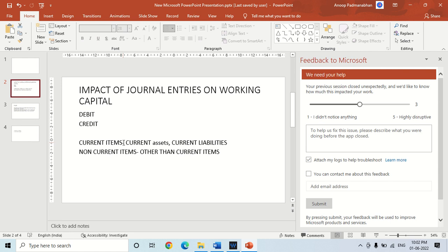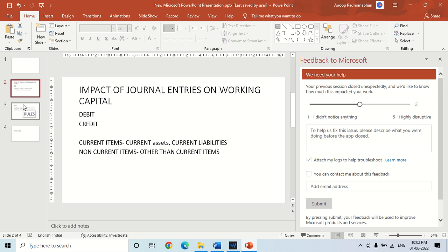In another case, if any item other than current assets and current liabilities comes on the debit or credit of a journal entry, it is called a non-current item. So current items and non-current items, I think it is clear for everyone. Non-current items do not fall under the current asset category or the current liability category.